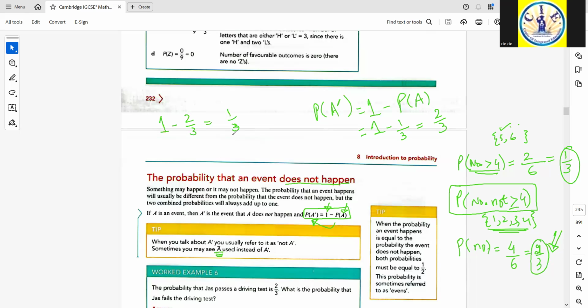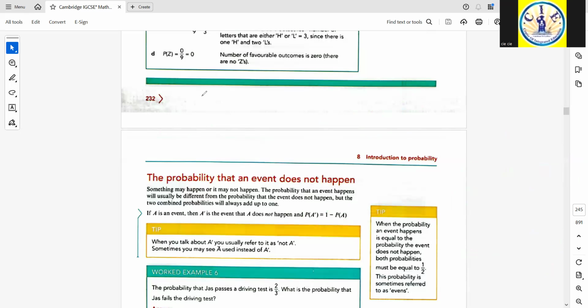Let me give you another example of this. I've got a sample space containing numbers 3, 8, and 9. Three numbers are there. So I say my event is number divisible by 3.